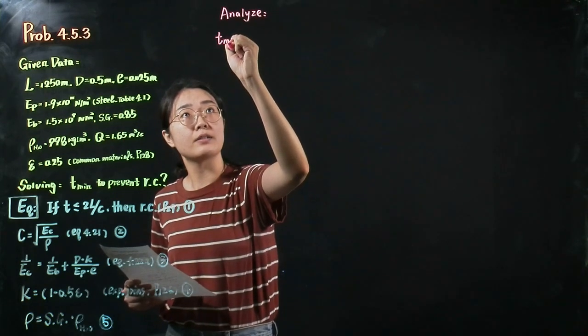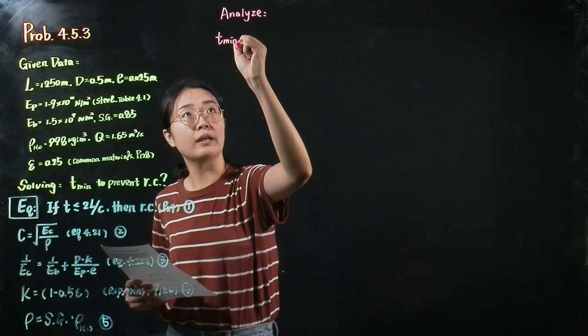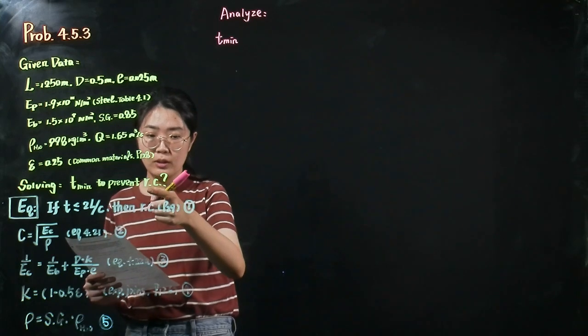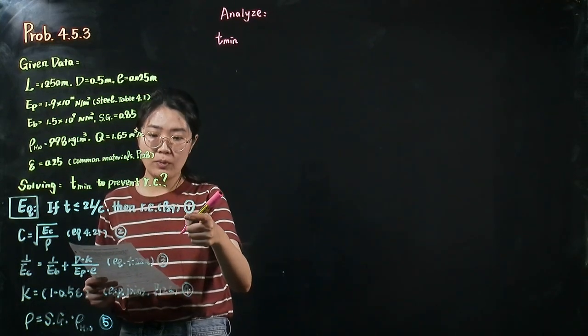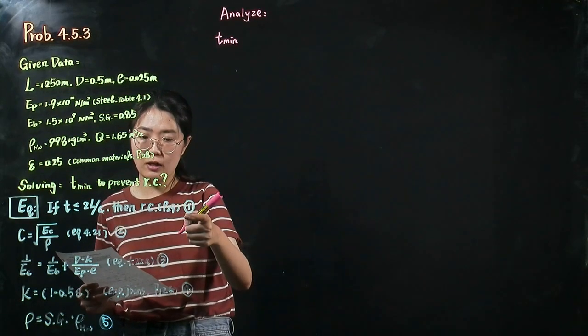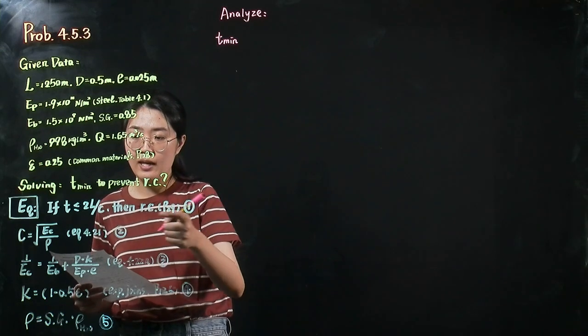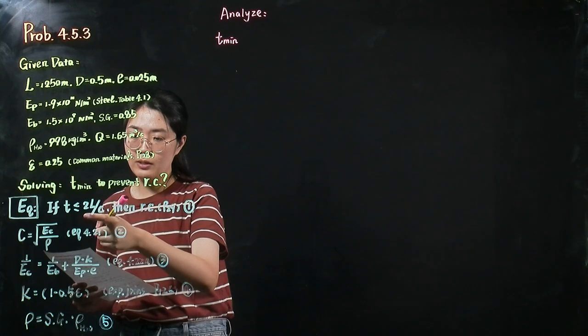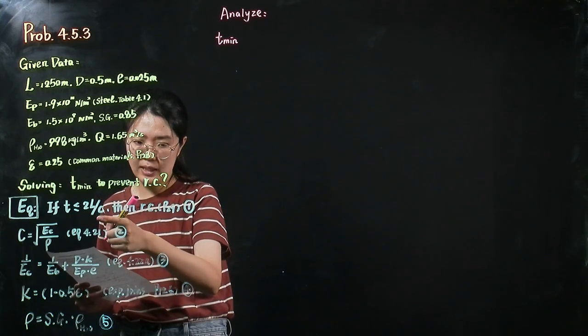This problem asks us to calculate the minimum time to prevent rapid closure. Based on equation 1, the definition of rapid closure is a close time less than 2 times length over celerity.